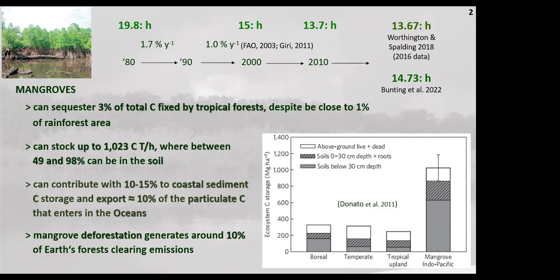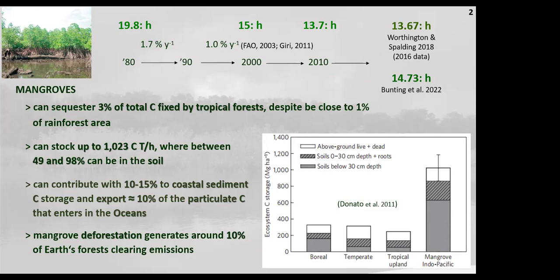The soils are the compartment where the carbon is usually in higher amount. You can see that it reaches between 49 and 98%. Mangroves can contribute up to 15% of the coastal sediments stored in coastal ecosystems and may be responsible for up to 10% of the particulate carbon that enters the oceans.